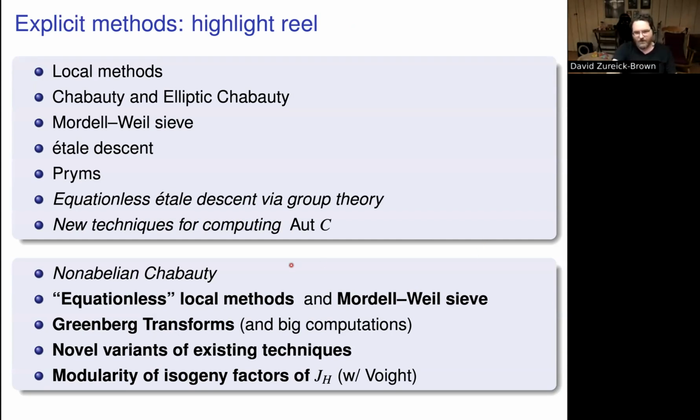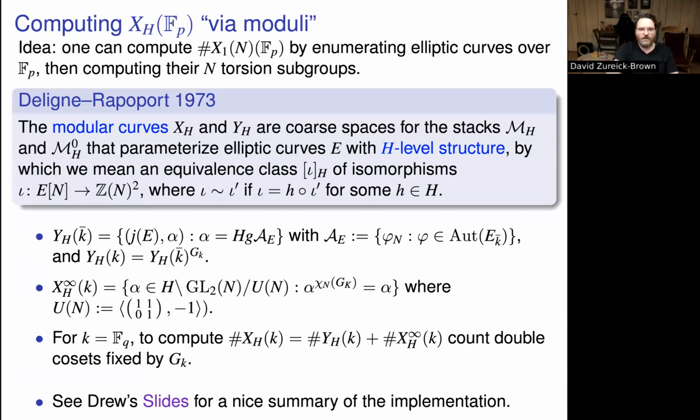In our current paper, in the last couple of minutes, I'll explain a few of these, but one of the big ideas is working without equations. So Drew and David Zywina, in an earlier paper, when X_H is an elliptic curve, particularly dimension 1, realized you can compute the number of F_p points via moduli.